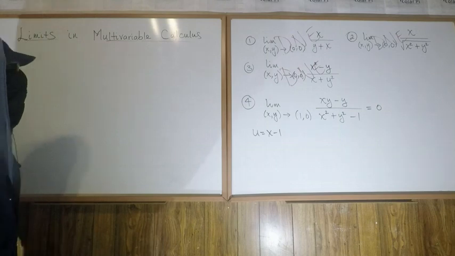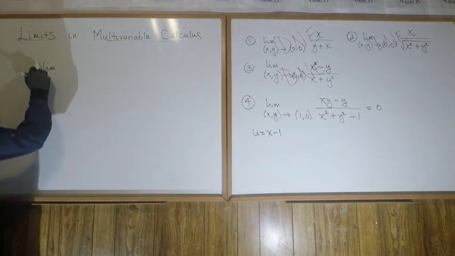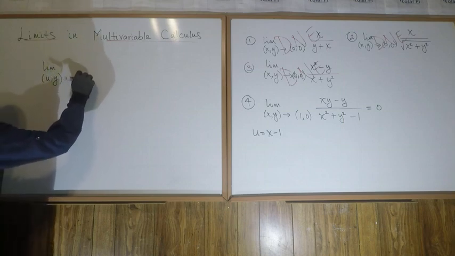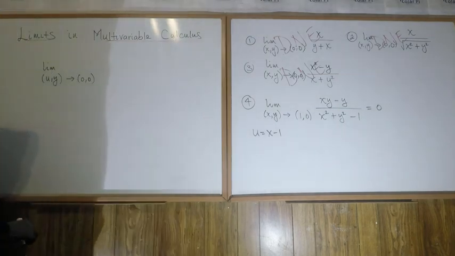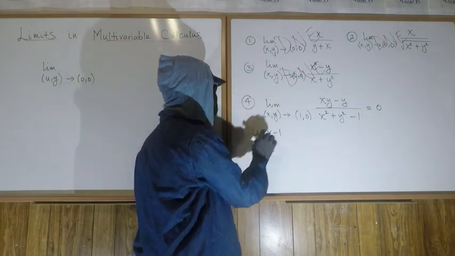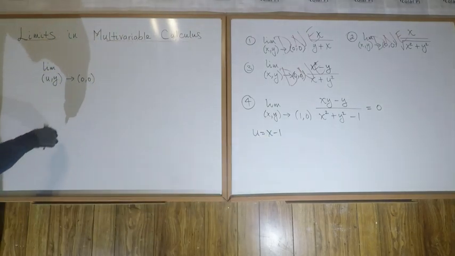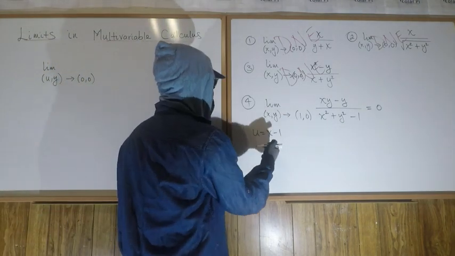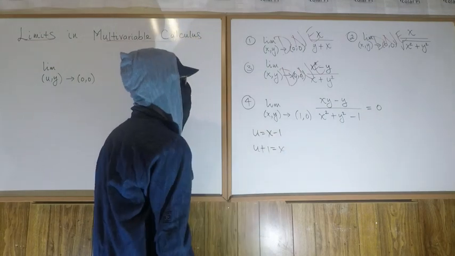With this substitution, now we can write what we have as the limit as u, y go to 0, 0. Because x goes to 1, u goes to 1 minus 1, or 0. So u goes to 0, and y, of course, was from the beginning going to 0. But with this substitution, we see that if we solve for x, we get u plus 1 is equal to x. Got it.